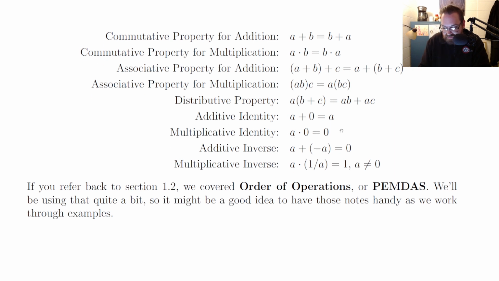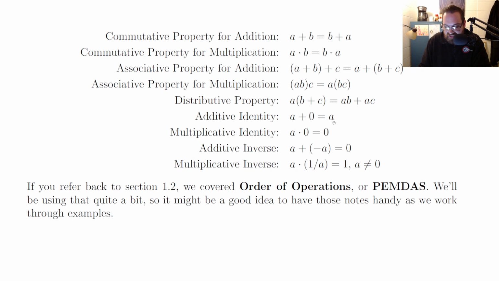Additive identity, multiplicative identity. When we say identity, it means like when you look in a mirror, you see yourself. And so that's the idea with identity. When you look into the mirror, say you have an A and you want to get A back, what happens?